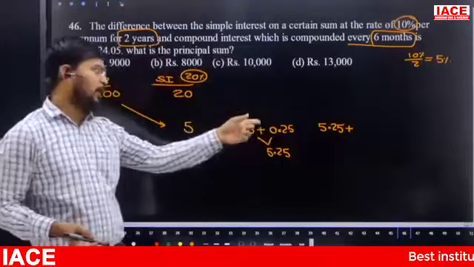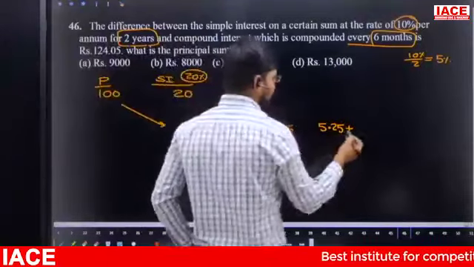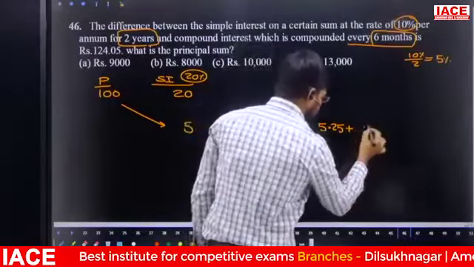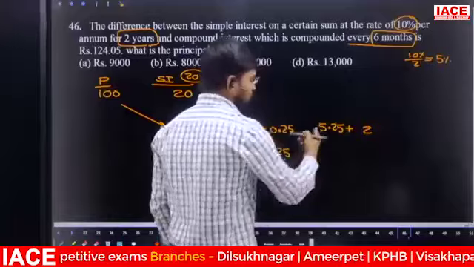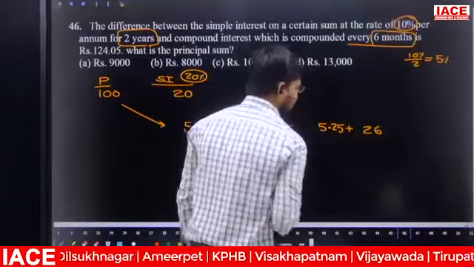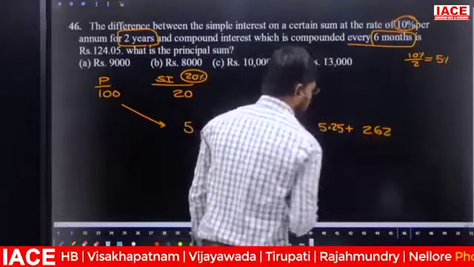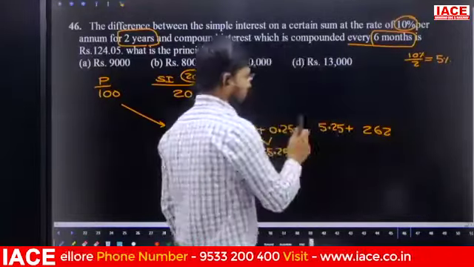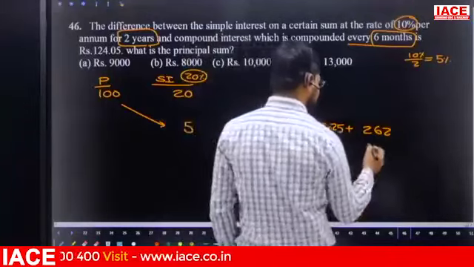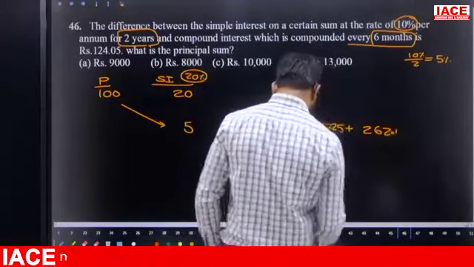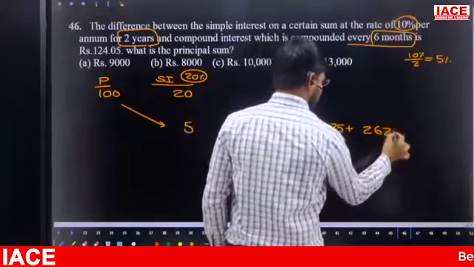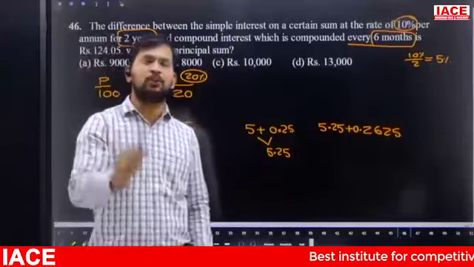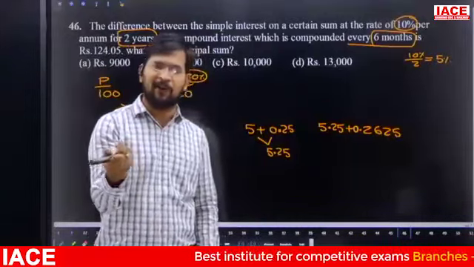Take half of 525, and cancel with 2. That gives 0.2625.